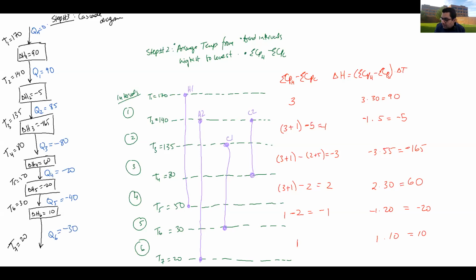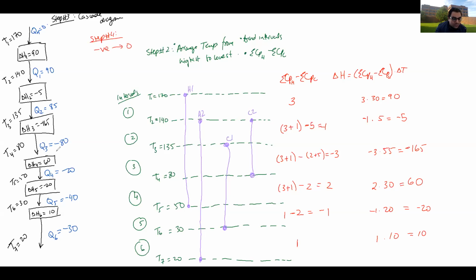So at this point, I have my cascade diagram. I have my heating and cooling requirements, all this stuff. So now I need to adjust my cascade diagram. So after doing my cascade diagram here, step number 4 now becomes to find the most negative and make it 0.